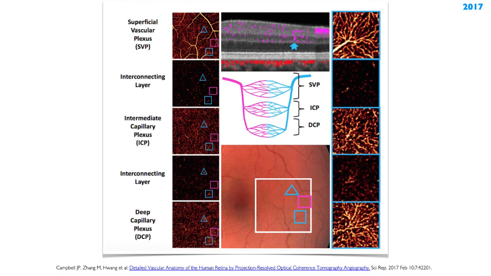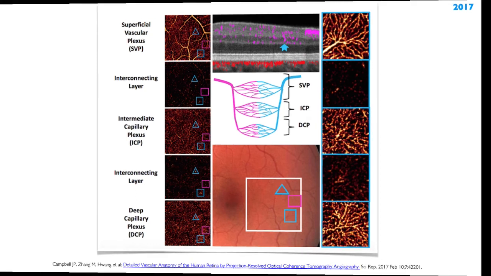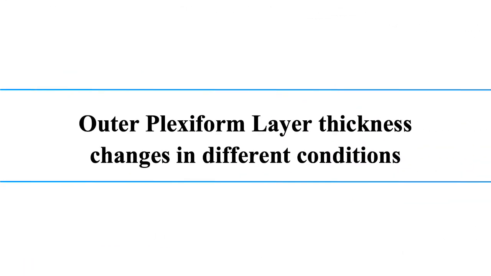They also presented the presence of the interconnecting layer, which are some capillaries that connect the superficial, intermediate, and deep capillary plexus. So all these three plexus are connected together, and that's why we now have a sort of vascular complex.